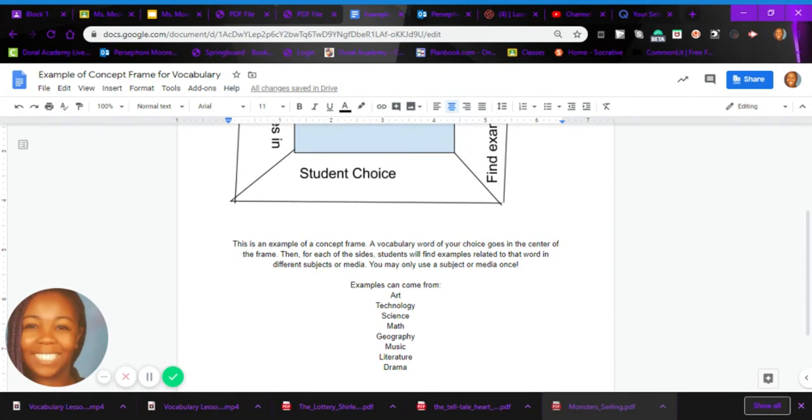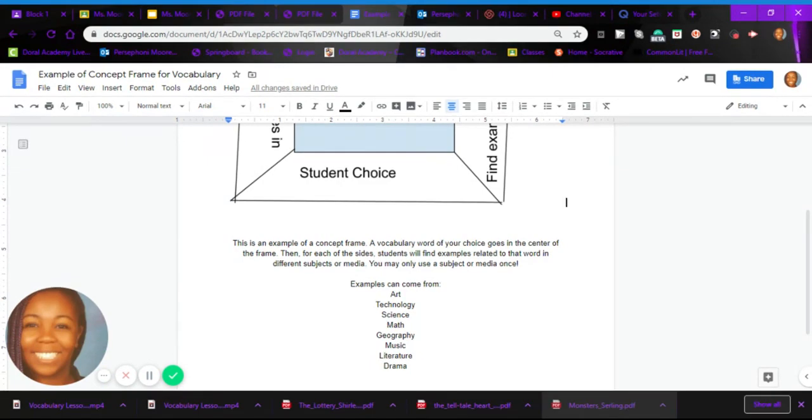So some examples can come from, I know I already have art, but technology, science, math, geography. I know we have music, literature, or drama. When I say drama, I do mean, you could find it in a screenplay, movies, TV, that sort of thing. If you can think of another subject that you'd like to use, by all means.